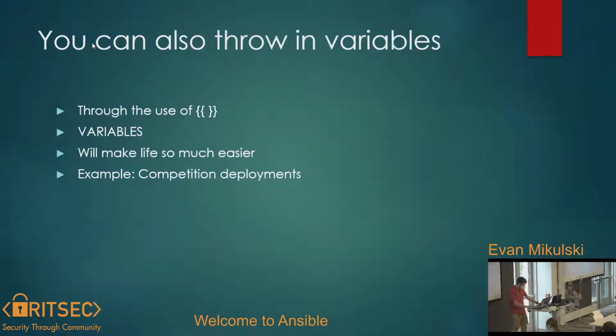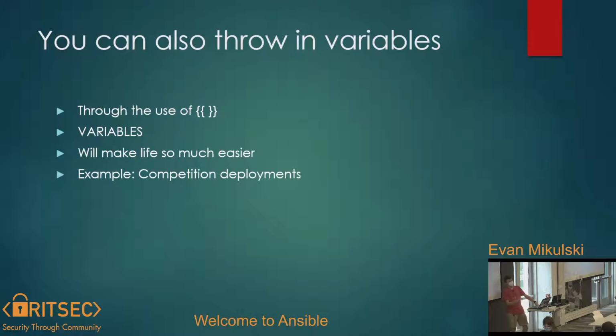To make it even more dynamic, you specify variables. In a file called group_vars, you can throw in a bunch of variables and reference them in your templates and in your playbooks. Using the Jinja double curly brackets, you can just take your variables and throw them in.